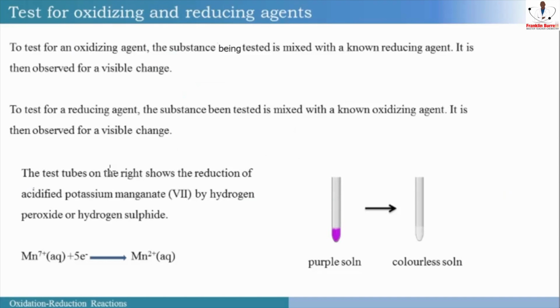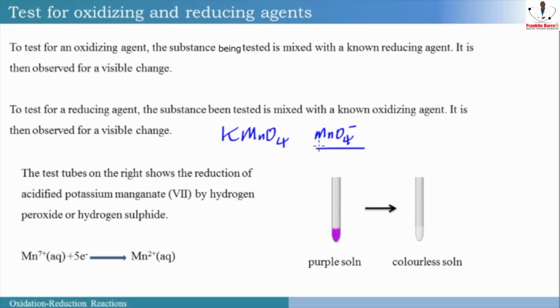Well, now we have our solution here. And this solution would represent our manganate ion. Now, manganate ion, which is MnO4 minus, is coming from KMnO4. So this ion is responsible for the purple color in potassium permanganate or potassium manganate 7.